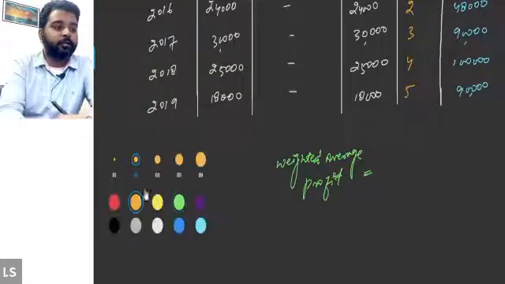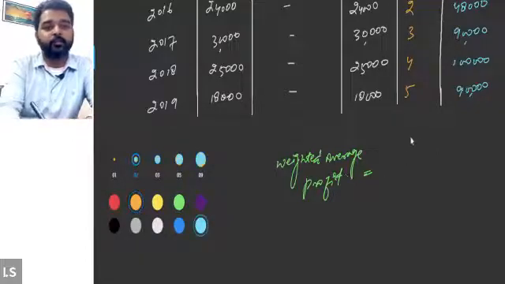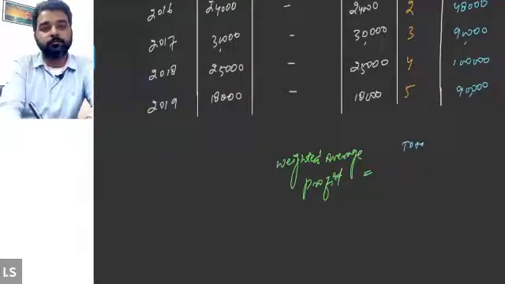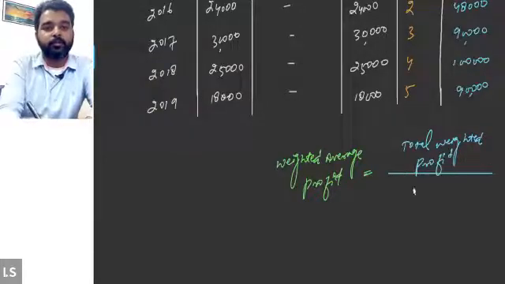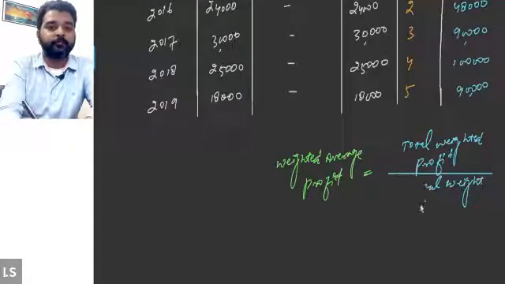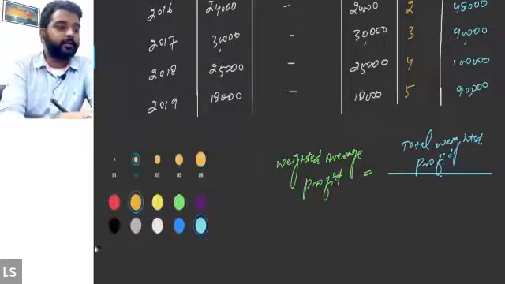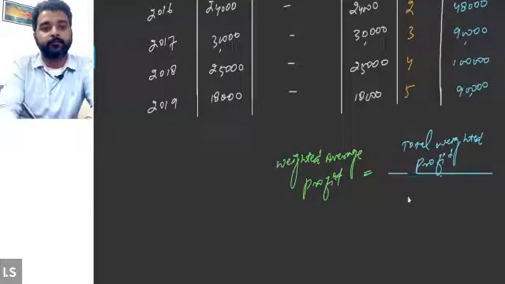We will take the value of the total weighted profit, and then we will divide the entire total weighted profit by the total weight.